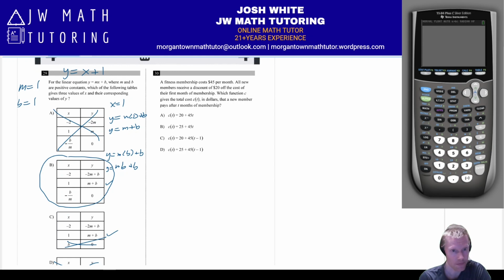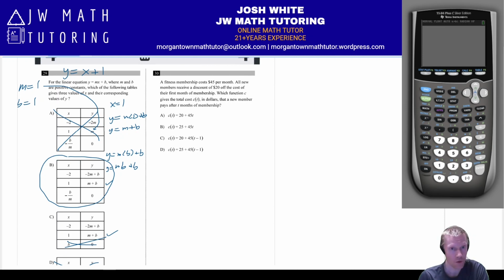If you start going through A, start in the middle again, take 1, plug it in for x. 1 plus 1 is 2. Does that match the y-coordinate in the table? Well, no, the y-coordinate in the table is m, which is 1. 1 does not match 2. So A is wrong.